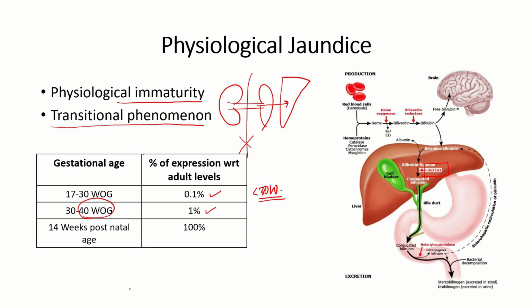The third factor, which tilts the balance in favor of hyperbilirubinemia, is the increased enterohepatic circulation. Whatever bilirubin is being produced and conjugated by the liver reaches the intestine for elimination. But instead of getting eliminated, if it gets reabsorbed into the circulation on its way to the liver, this phenomenon is called enterohepatic circulation, and it is exacerbated in a newborn because newborns have immature intestinal flora.